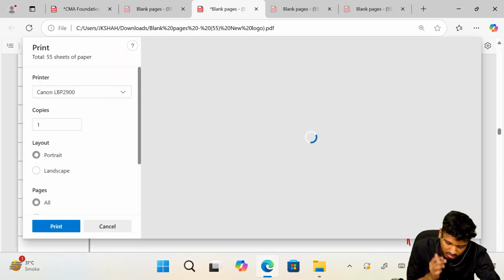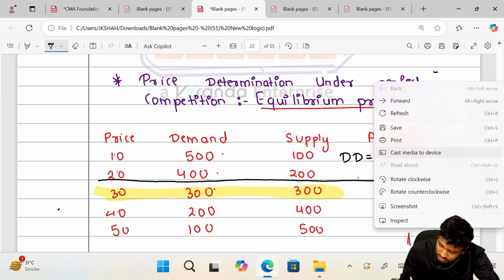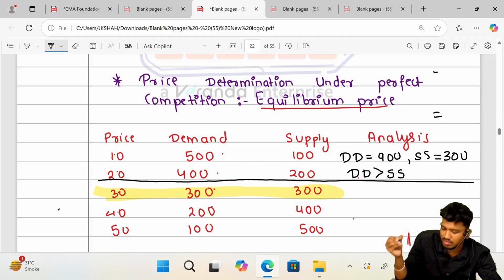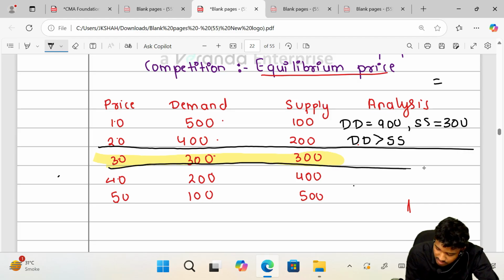So demand is greater than supply. Here demand is greater than supply. Next, here demand and supply both are 300. So here demand is exactly equal to supply.